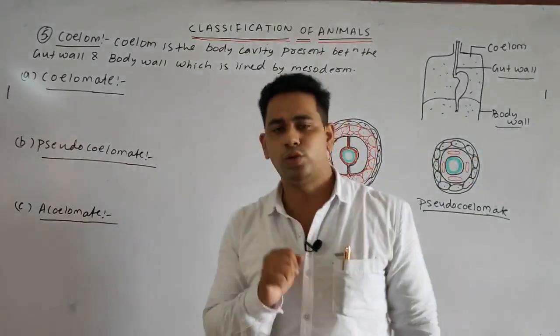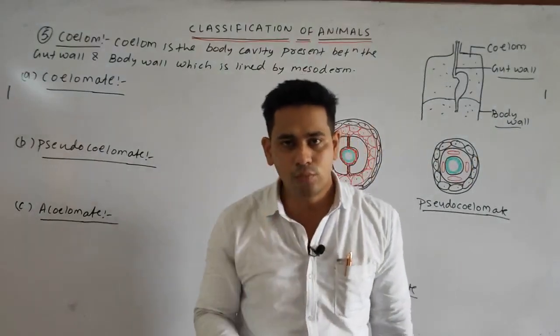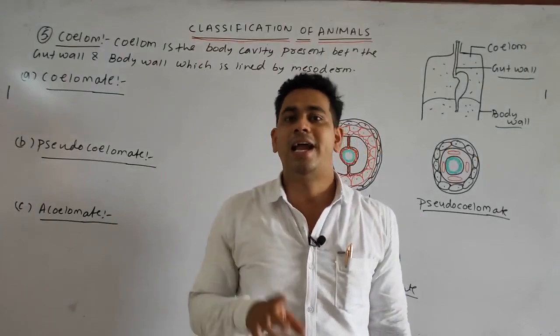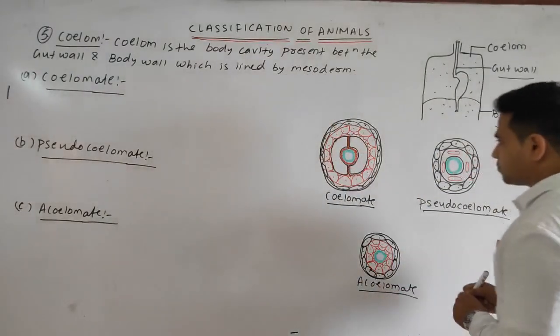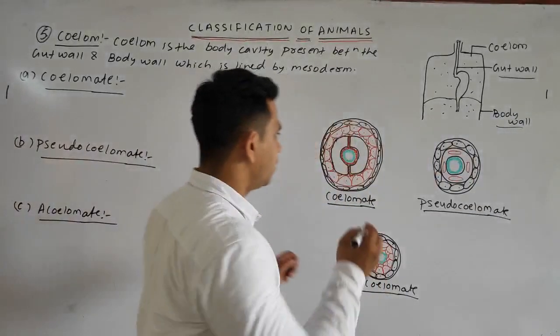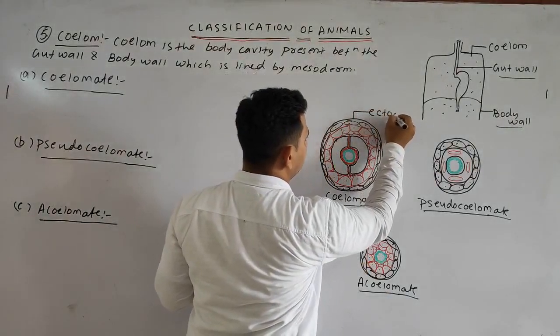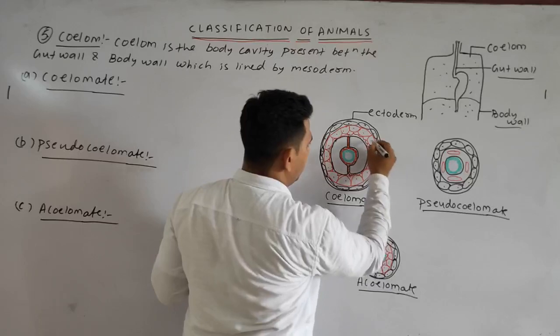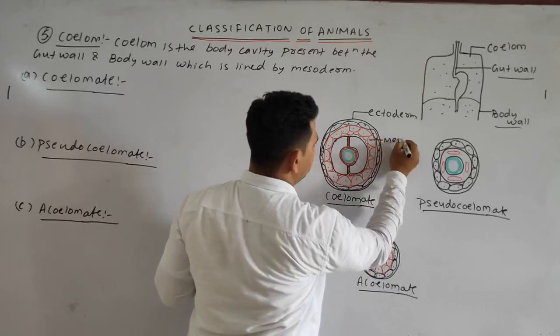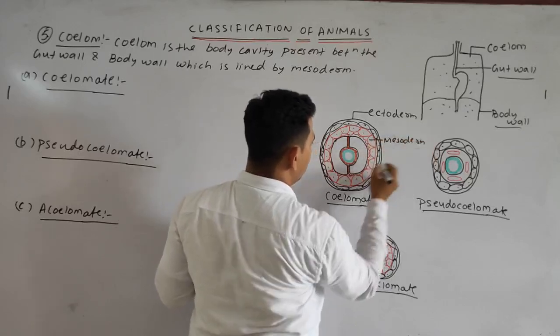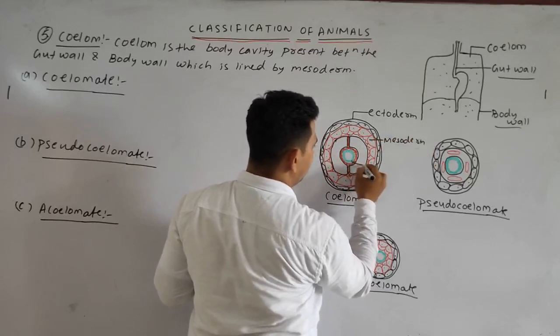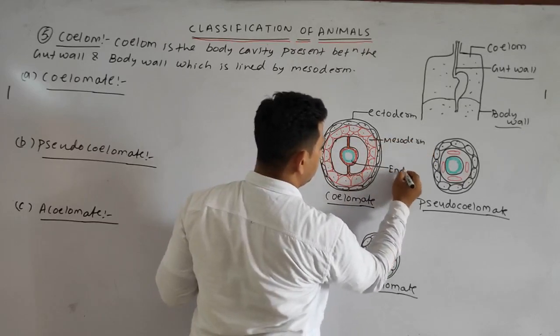What do you mean by true coelom? It means that the coelom should be properly lined by the mesoderm. Here the outer one is your ectoderm, the middle one is your mesoderm, and this green one is your endoderm.